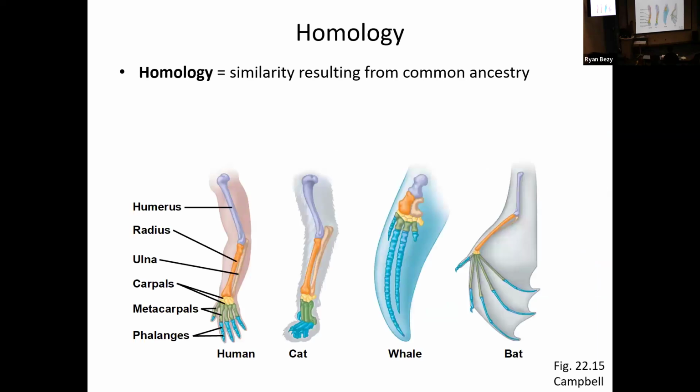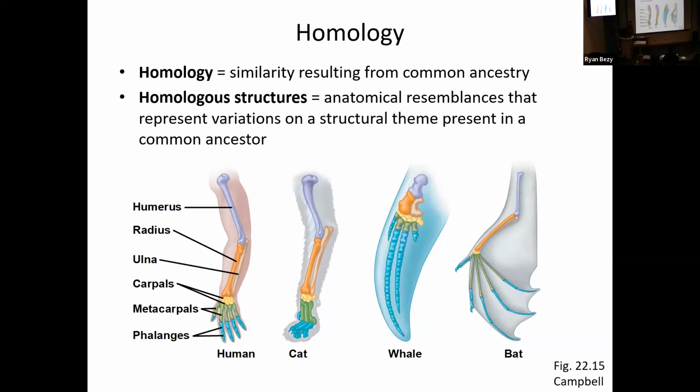We also have other forms of evidence for evolution. So another form of evidence for evolution is homology. Homology is trait similarity or similarities that result from common ancestry. And one example of trait similarities are what are called homologous structures.